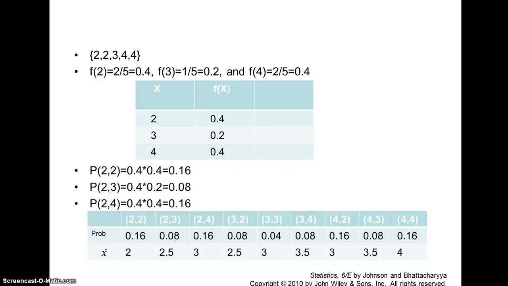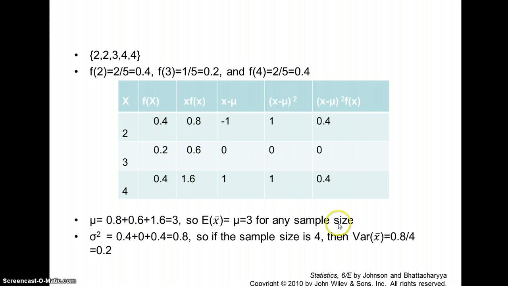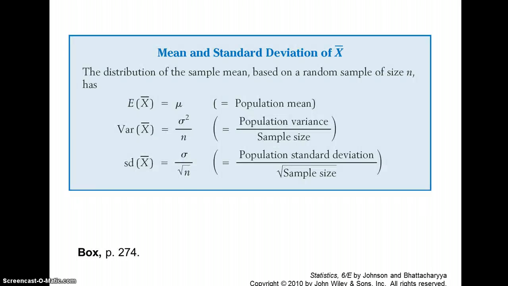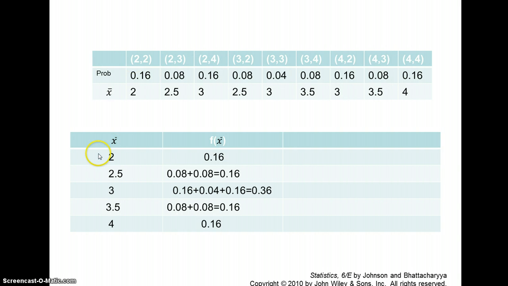You will find out the probability distribution for x bar. Okay, so we're gonna make a table for x bar, because for x bar we have different values, 5 different values: 2, 2.5, 3, 3.5, and 4. So we're gonna make a list of those values. Okay, so for x bar, I've copied the table right here.